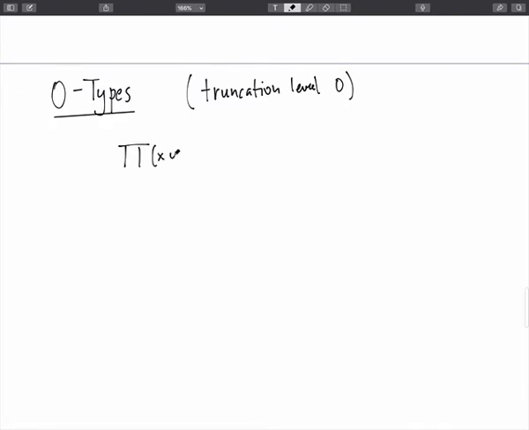For all x, y in A, the identity type is a proposition. So now I need to write down that the identity type is a proposition. The identity type from x to y is a proposition, using the previous definition: for all, if I have any two paths p, q from x to y, they're equal.